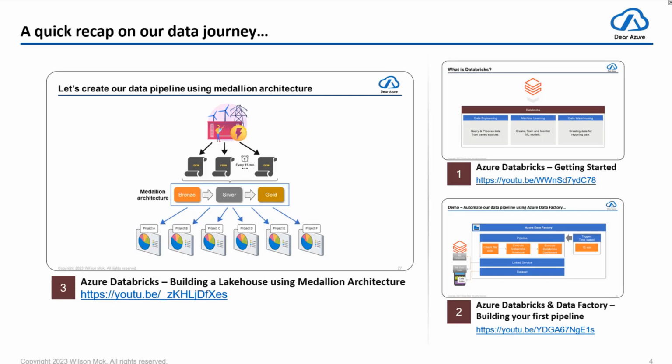In the second session, we talked about building our first data pipeline using Databricks and Azure Data Factory. And in our last presentation, we learned to build a lakehouse using the medallion architecture, the bronze, silver, gold structure.